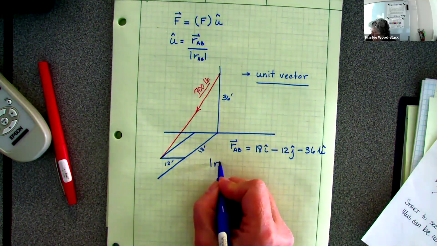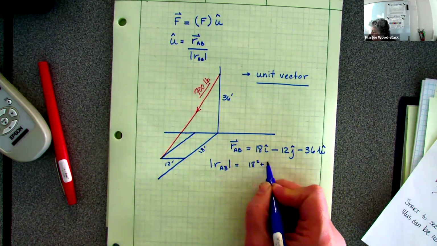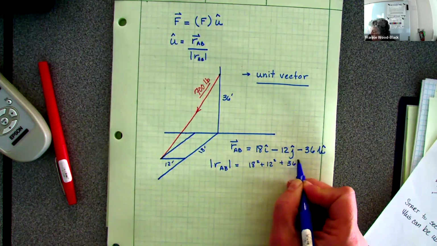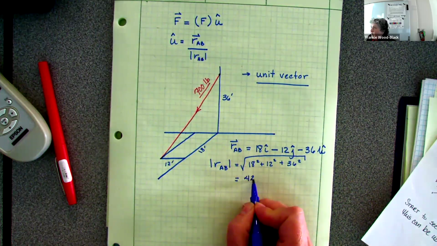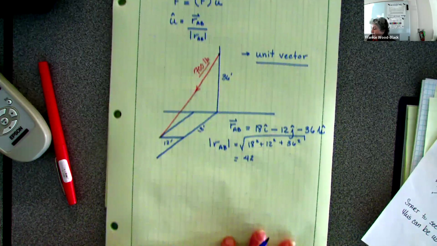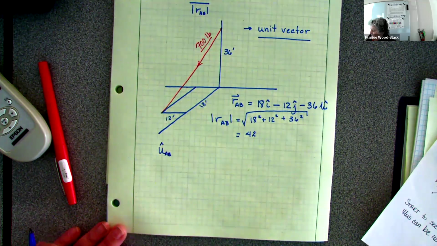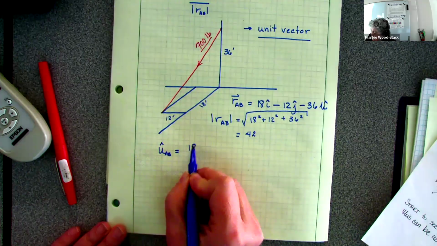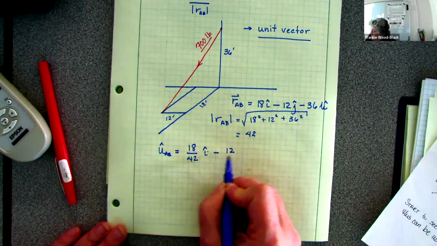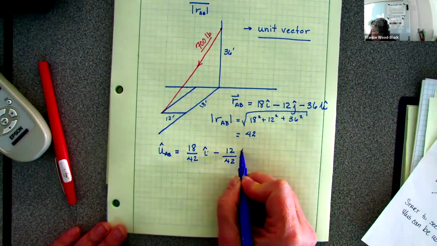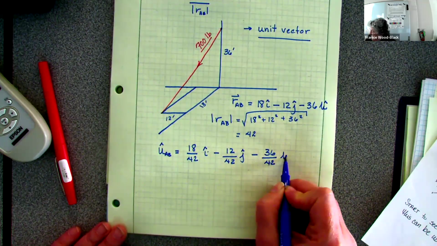The magnitude of RAB is going to be the square root of 18 squared plus 12 squared plus 36 squared. And when I do that, that's 42. So my UAB, my unit vector in the AB direction, is going to be 18 divided by 42 in the I direction, minus 12 divided by 42 in the J direction, minus 36 divided by 42 in the K direction.